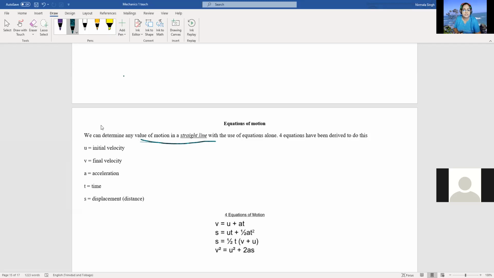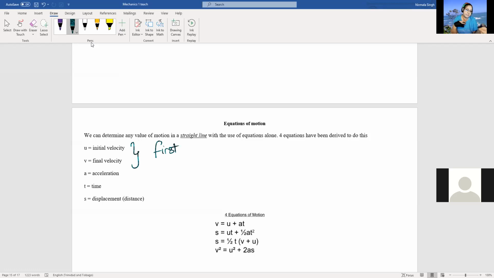Four equations have been derived to do this, and in these equations we use 5 symbols. These 5 symbols are 5 quantities. All right, so we have 2 symbols for velocity, a U and a V, U representing initial velocity or first velocity, because we know when something is moving, it's going to start off at some speed.